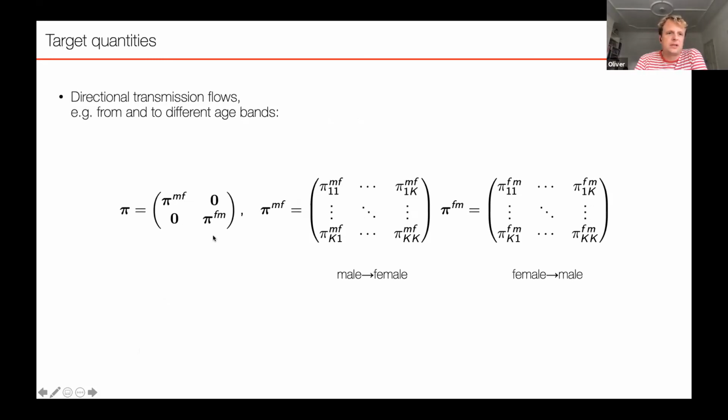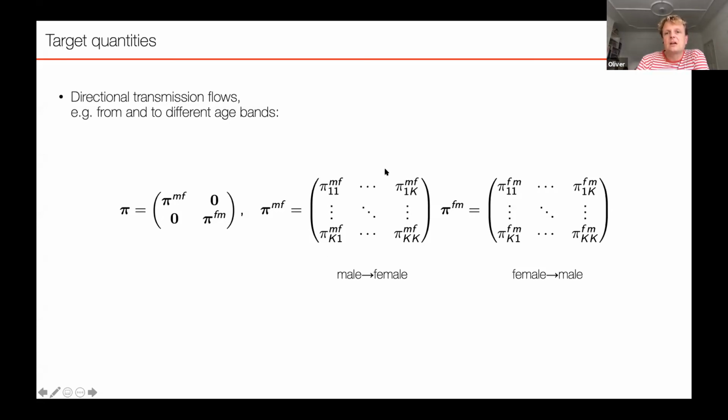We can make this more complicated. We can, for example, think about male to female transmission or female to male transmission by different age bands. So we have a much larger flow matrix, where the upper block matrix is male to female and the lower one is female to male. The 1 to capital K indicate different age bands, for example 18 to 24, 25 to 30, and so forth until maybe 45 to 50.